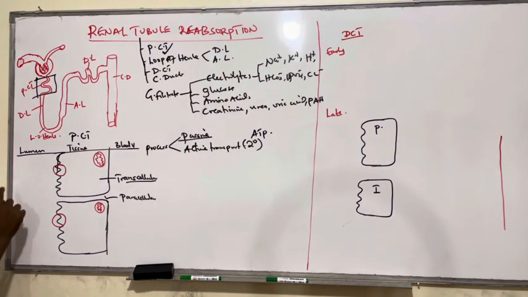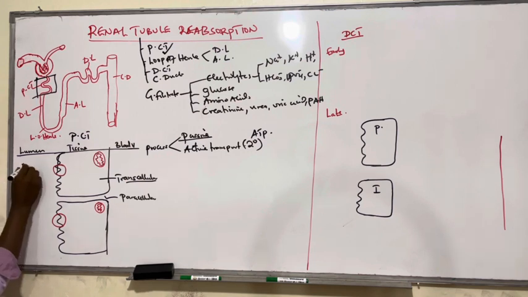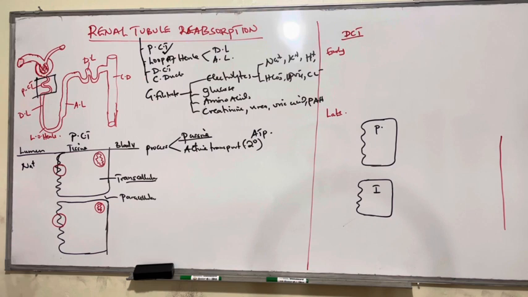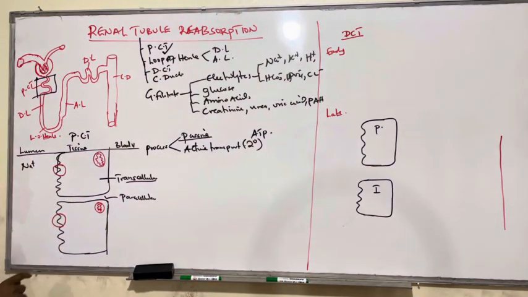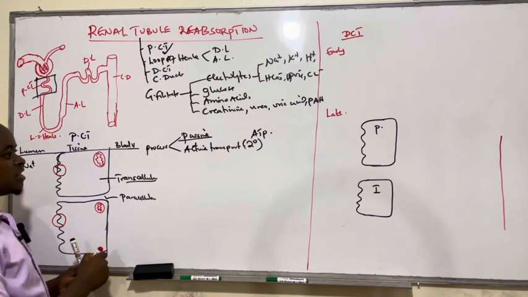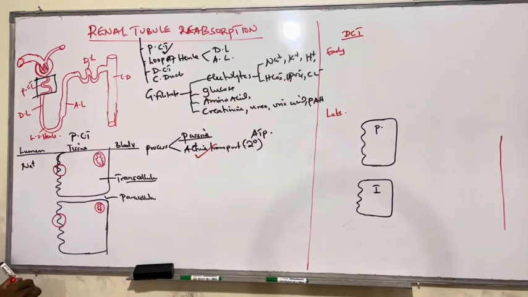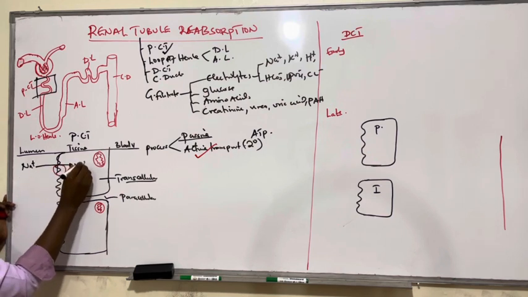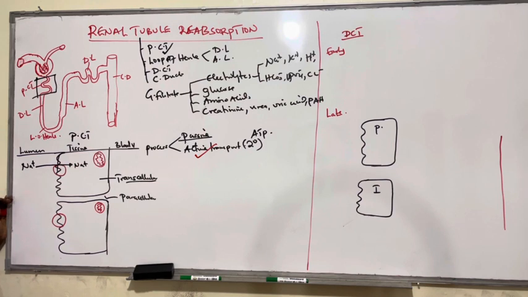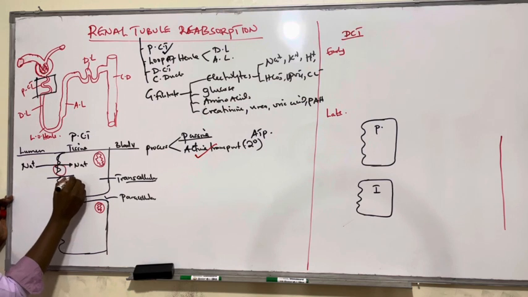And we're going to see the substances that are absorbed here. Number one is sodium. Most of the sodium, greater than 70%, is reabsorbed in the proximal convoluted tubule, and it is by active transport. Sodium moves into the tubular cell, and as it moves, it is exchanged with hydrogen.